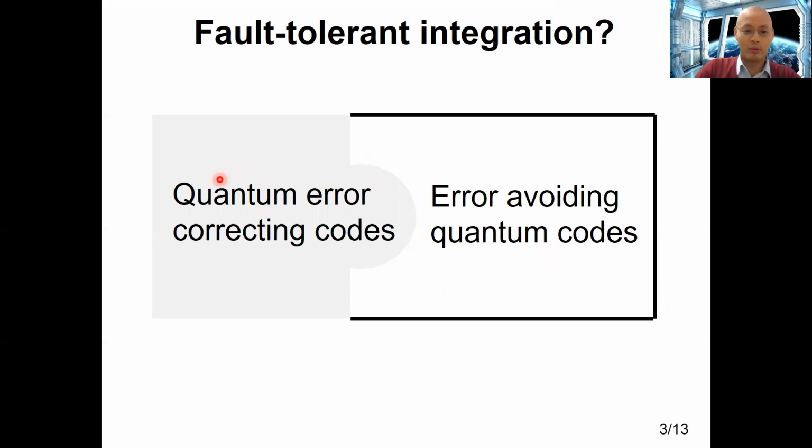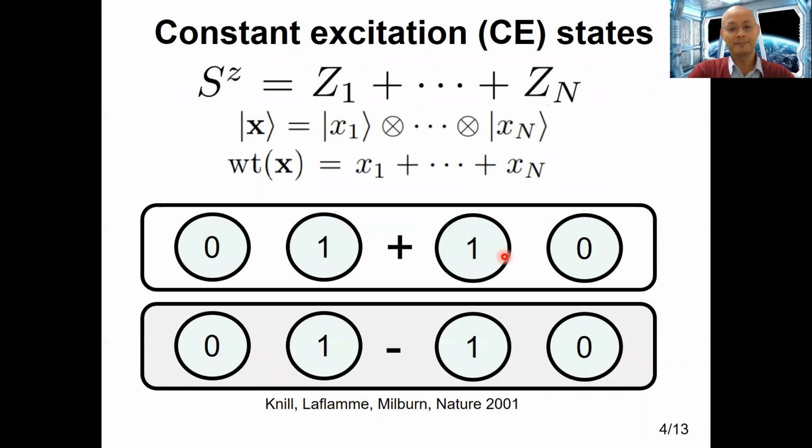Can we integrate quantum error correction codes with nice fault tolerant structures with these error avoiding quantum codes that may not have a very nice fault tolerant architecture? And the answer to this I will give you in a bit. But first of all, I'll talk about what codes can completely avoid these coherent phase errors.